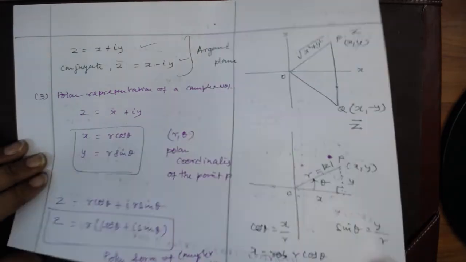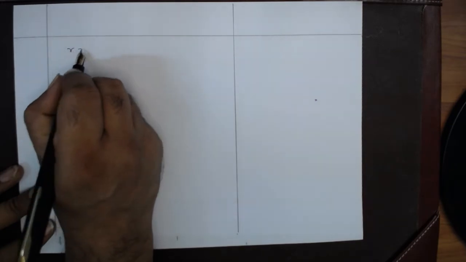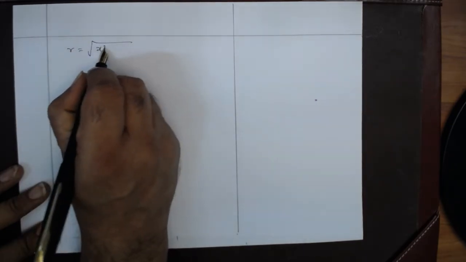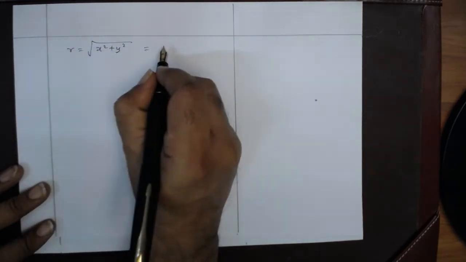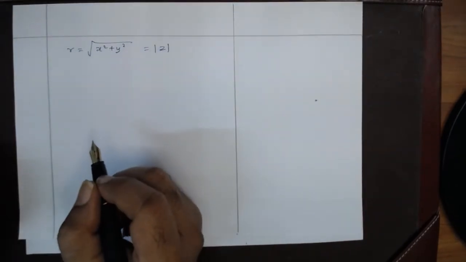As usual, r is nothing but the square root of x squared plus y squared, that is the modulus of the complex number z.